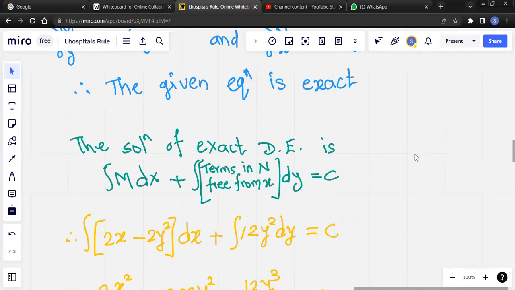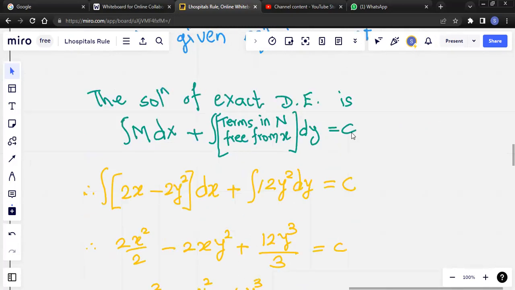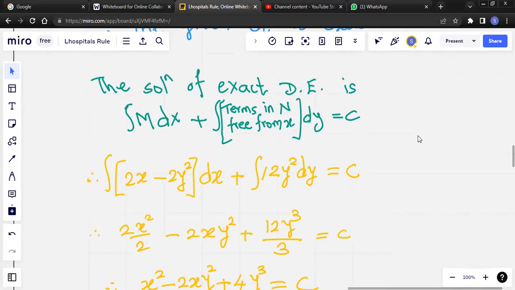Now the solution of the exact differential equation is given by this formula: integration M dx plus integration of terms in N free from x with respect to y equal to constant c. Therefore what we get, integration of (2x minus 2y square) dx plus integration of 12y square dy equal to constant.